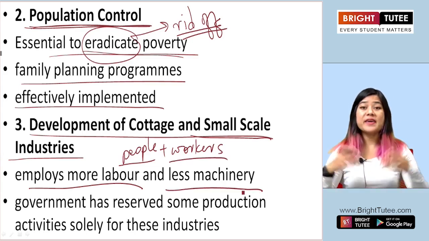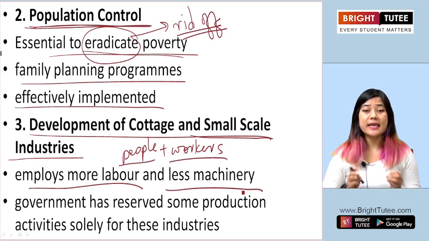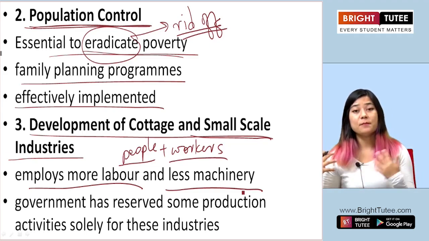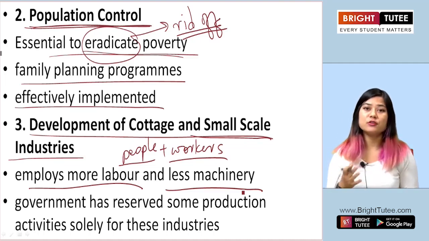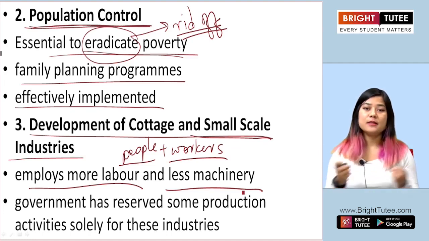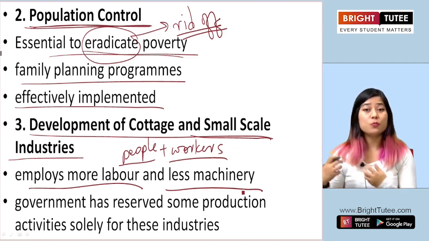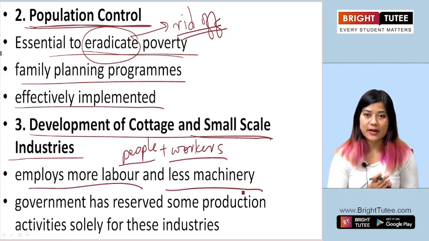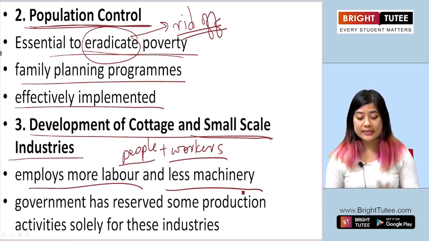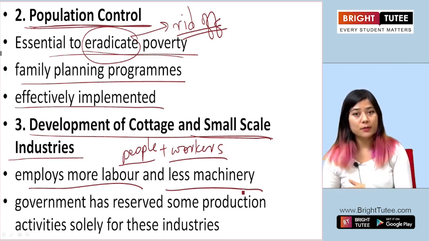Okay, the big large scale industries, they employ less workers because they have machines which do most of the work. Okay, so the machines do the heavy work, the people required to work the machines are fewer. All right, so heavy industries, large scale industries need less labor and more machineries.